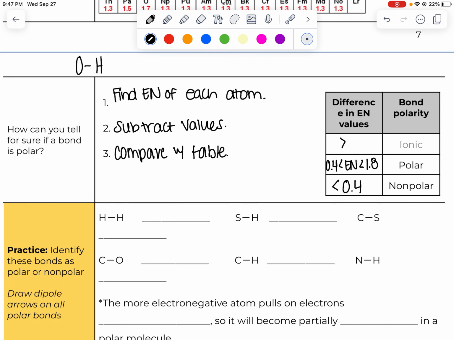If you have an electronegativity difference that's greater than 1.8, typically this means your bond is probably going to be ionic, or it's so incredibly polar that it basically is as strong as an ionic bond.